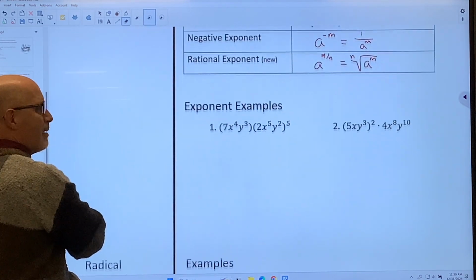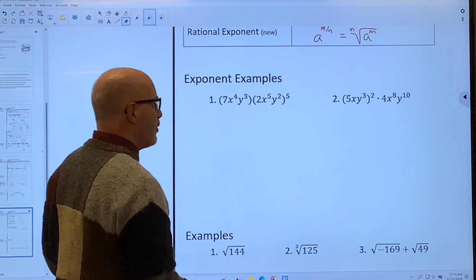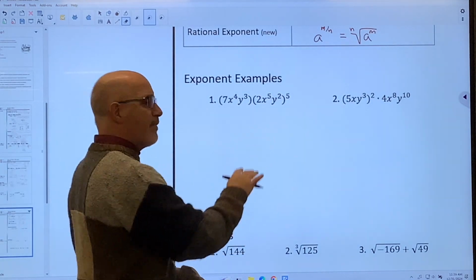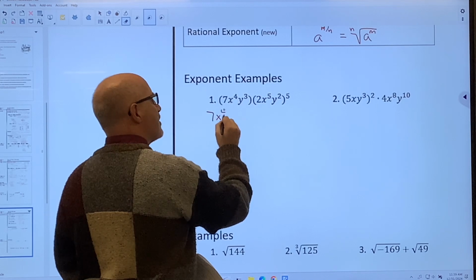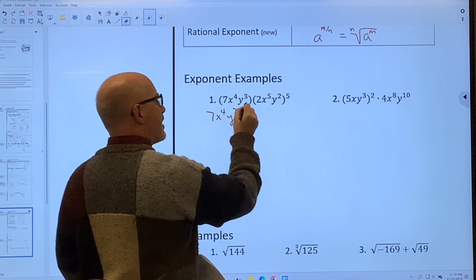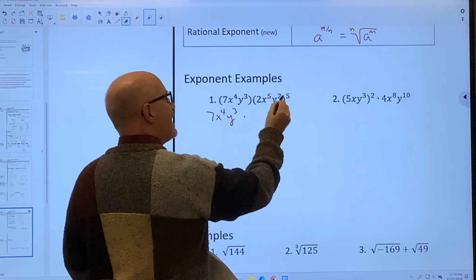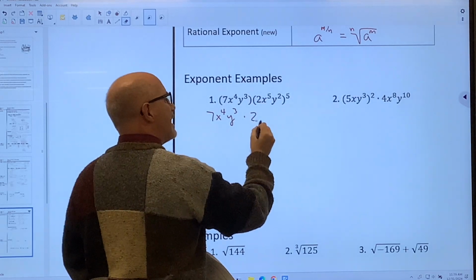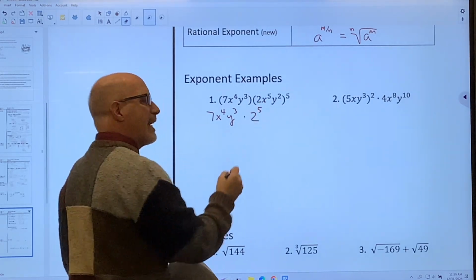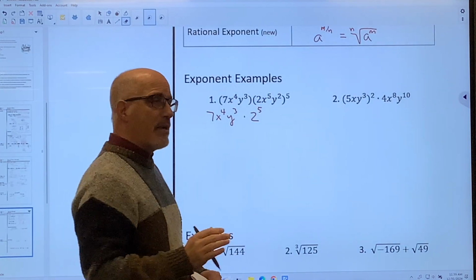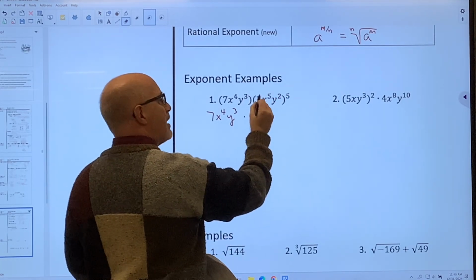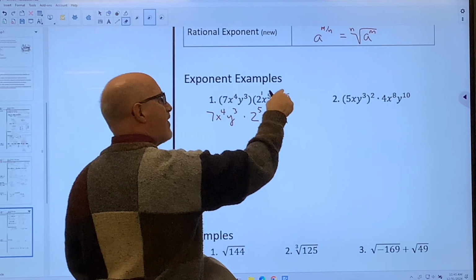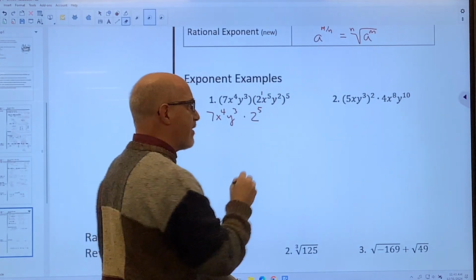Now let's do some examples here. Let's try this example where we're going to go ahead and simplify this. The first part doesn't need the parentheses because there's no exponent on the outside of it. But this one, I need to bring that fifth power into each factor. Don't forget the constant. This is where people forget that that fifth power also goes, this is implied to be 2 to the first. 5 times 1 becomes 2 to the fifth.